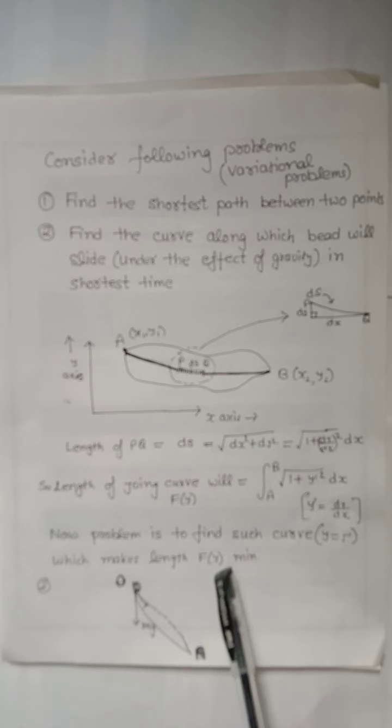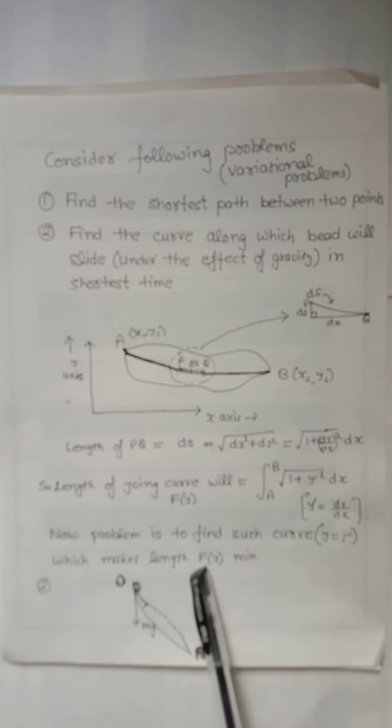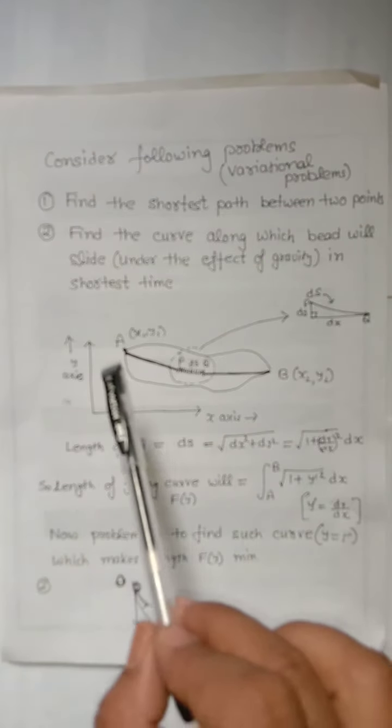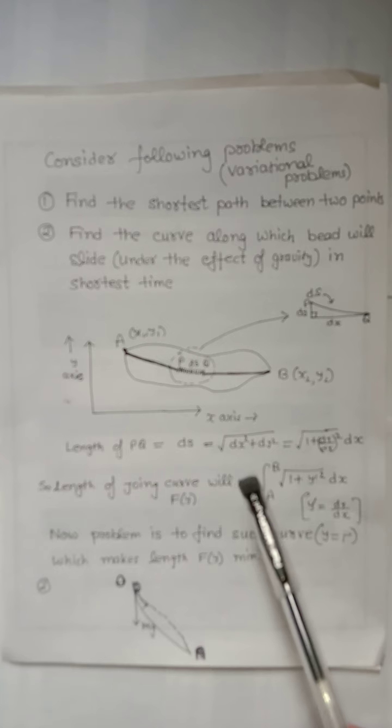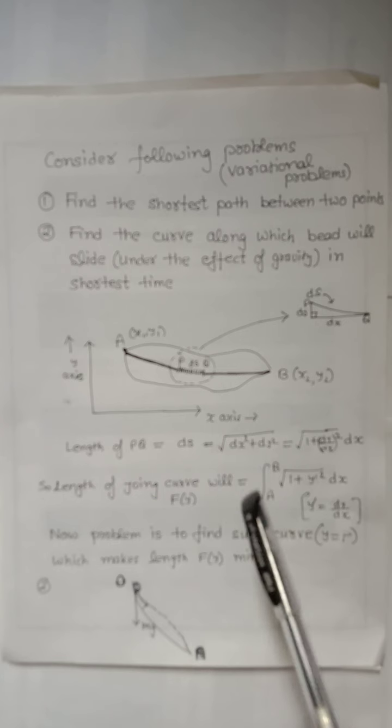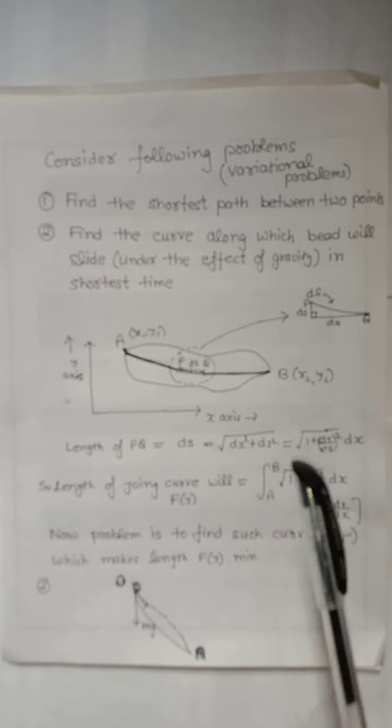This means I have to minimize F(y). This is our problem, and you know that its answer is a straight line. We will discuss this later, how its answer is coming and how we will process it.